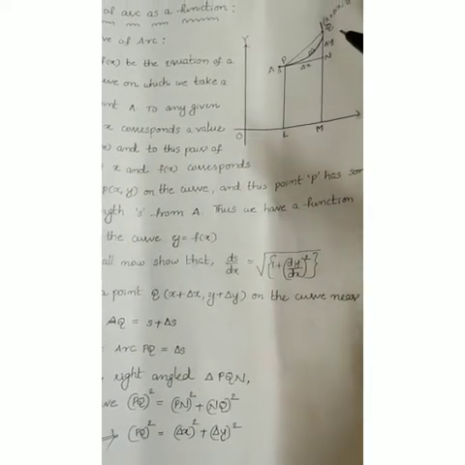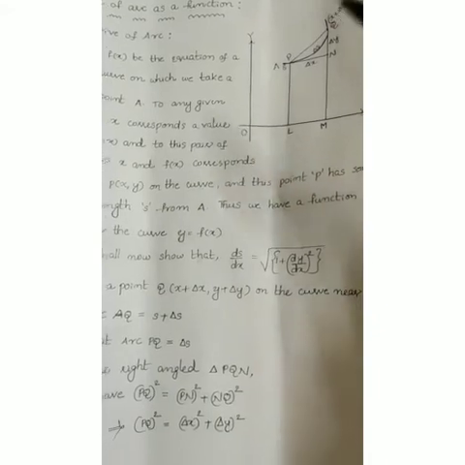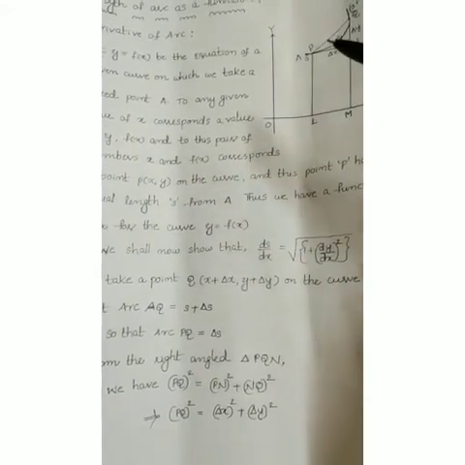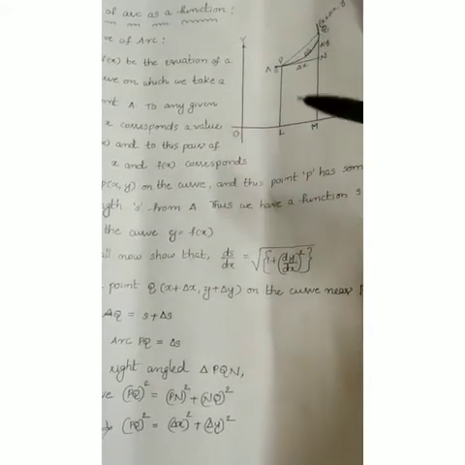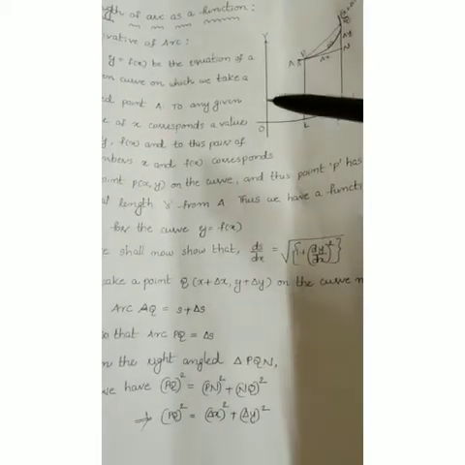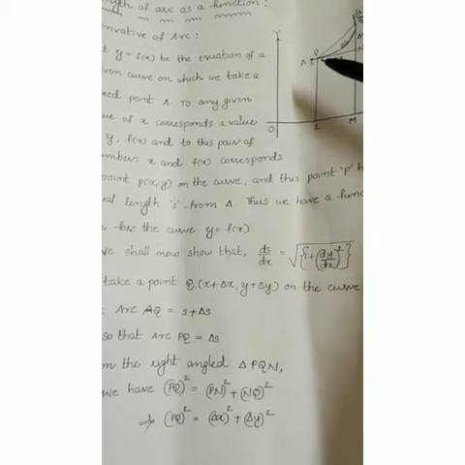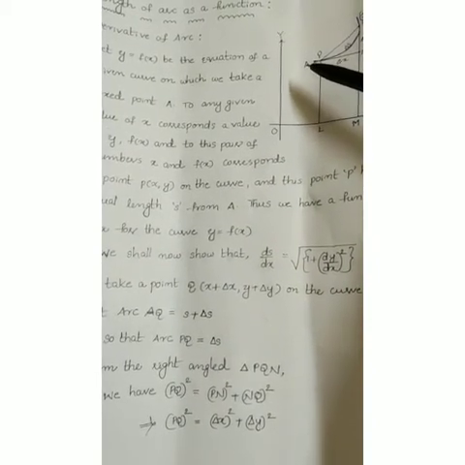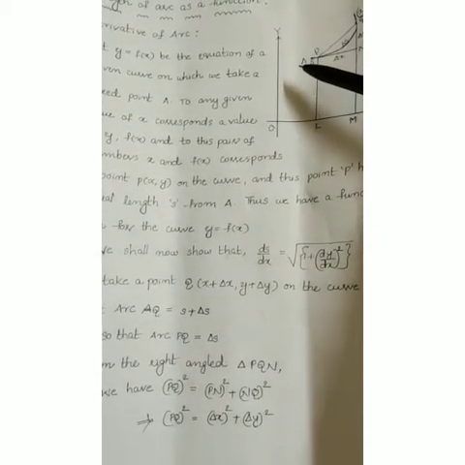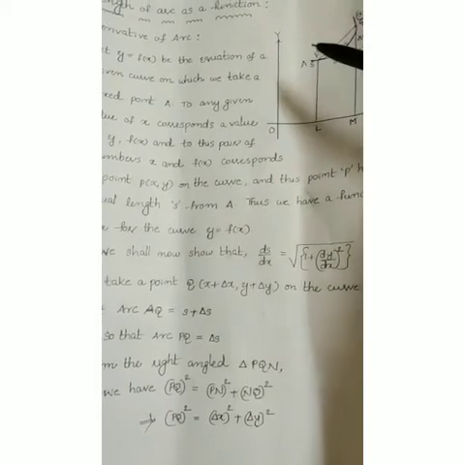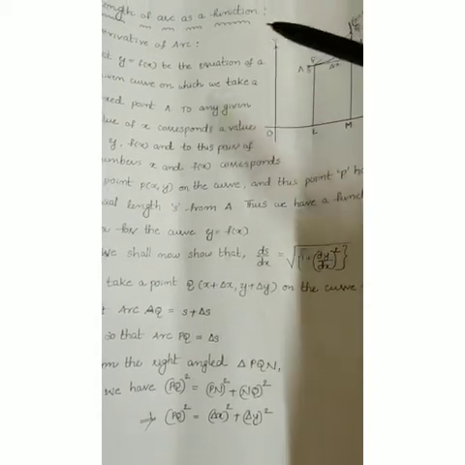P of x comma y is the point on the curve, and this point P has some arc length from the fixed point A. So the distance between the points A and P is s. This is called the arc length.